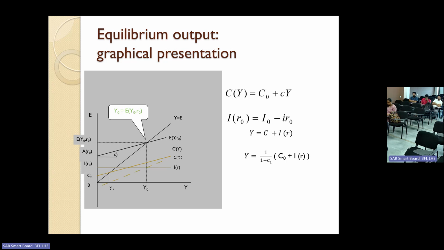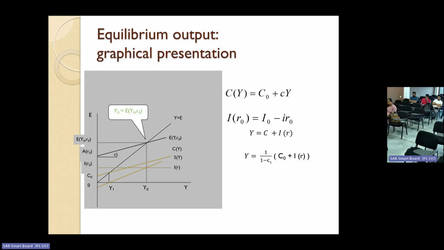The savings curve is upward sloping. At the intersection point of savings and investment, injections equal withdrawals. That will be the same point where aggregate demand equals aggregate expenditure. So that explains the macroeconomic equilibrium.